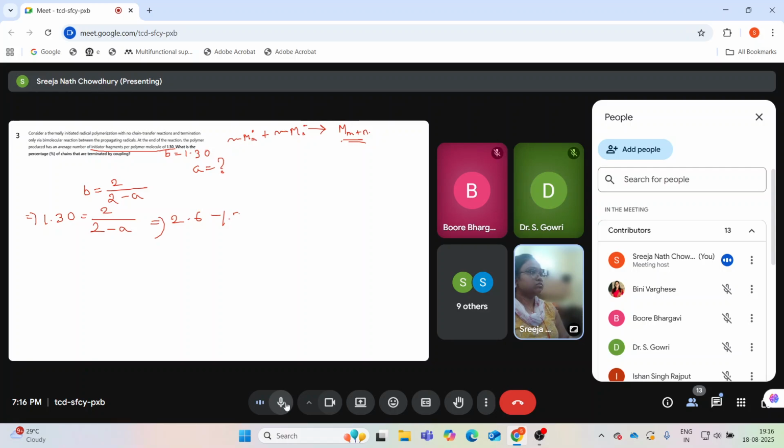Ri is equal to 2 f Kd I. So here 2, 0.80, Kd is 5 into 10 to the power minus 5, and I is 0.001. Here it is written.